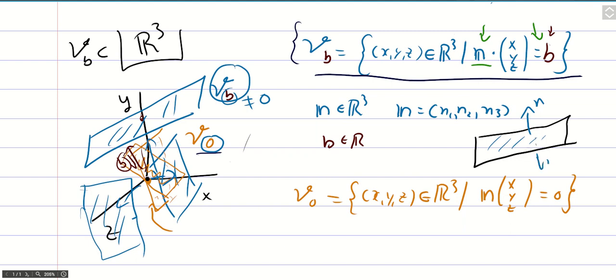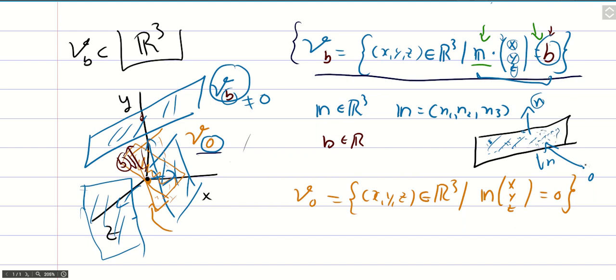It doesn't matter: if the normal is negative, you will define the same plane. The set of points, the vectors, whose product with this normal equals b, which is related to the displacement with respect to the origin, will define a plane.